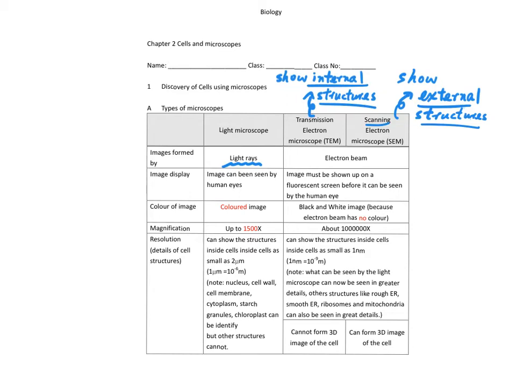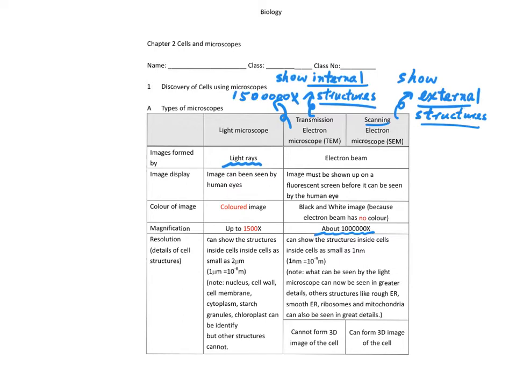The electron microscope has a much larger magnification compared with the light microscope, about 1 million times on average. For the transmission electron microscope, mostly it would be 1.5 million times.